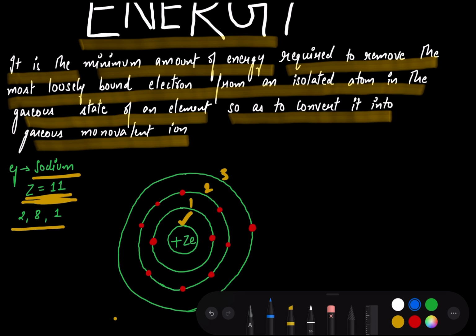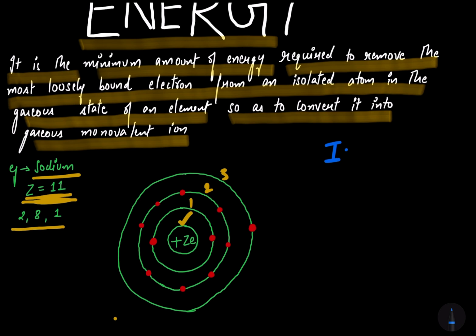It is the energy, I am writing what is ionization energy. It is the energy required by this electron to get ejected out from a sodium atom. That's called ionization energy. Why this electron only?